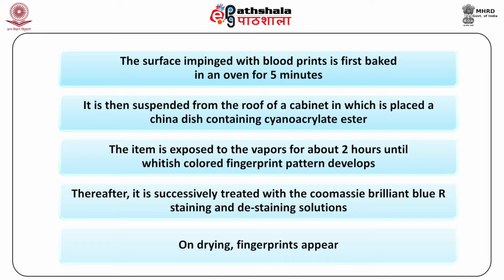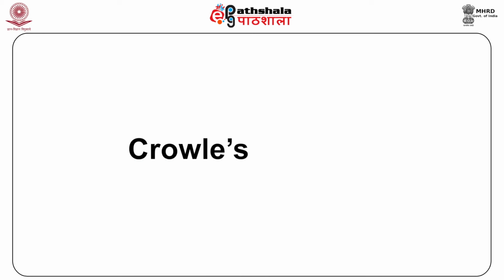The item is exposed to the vapors for about 2 hours until a whitish colored fingerprint pattern develops. Thereafter, it is successively treated with the Coomassie Brilliant Blue R staining and destaining solution. On drying, fingerprints appear.